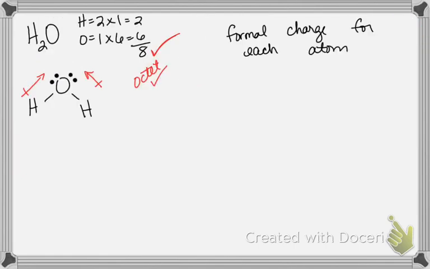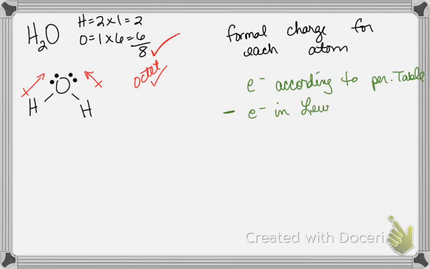How you calculate it is you take the electrons according to the periodic table. I'm running out of room, so I'm going to make up some abbreviations. You take the electrons from the periodic table. You subtract out the electrons in the Lewis structure. And that gives you your formal charge.